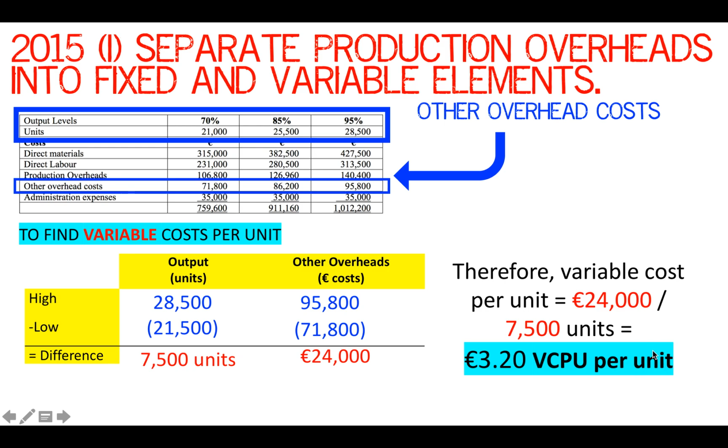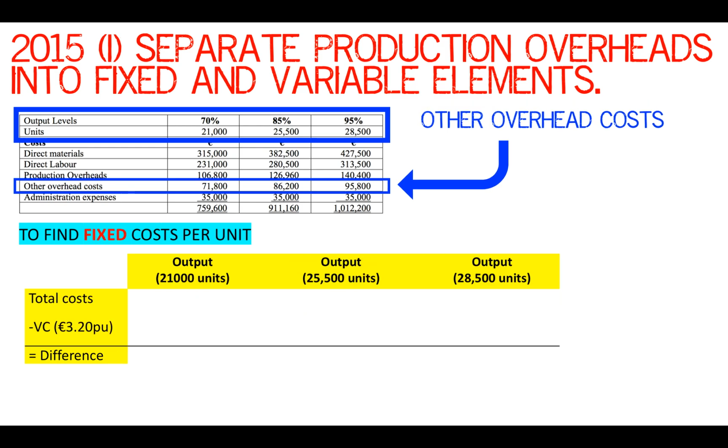We can now use the €3.20 variable cost per unit to help us work out how much the fixed costs are. As we know all of the costs across the board, and we know that the variable costs are €3.20 per unit, if we multiply the number of units in the output by the variable cost per unit, we will get the variable costs.